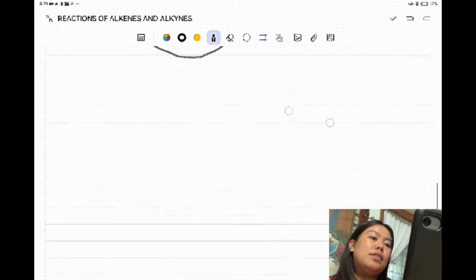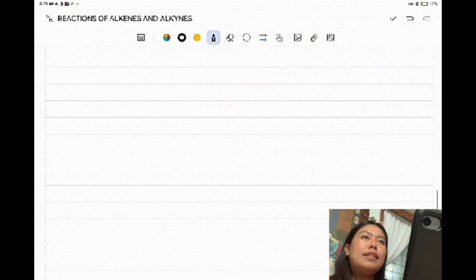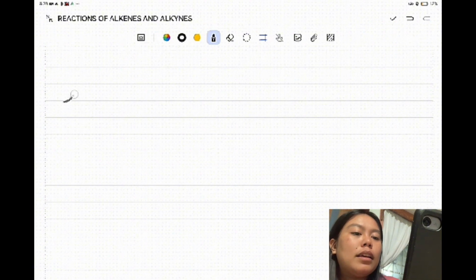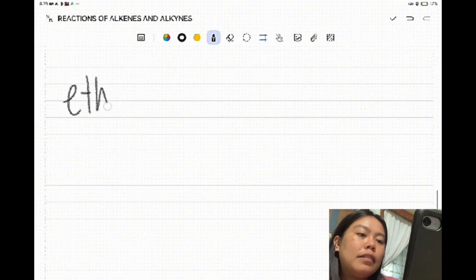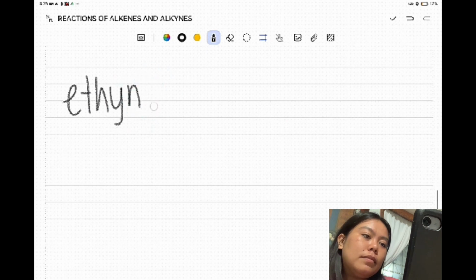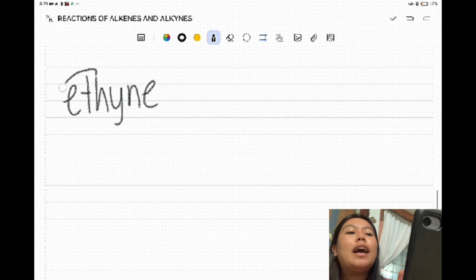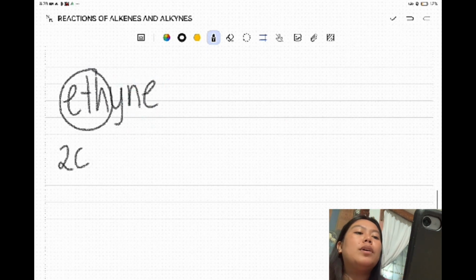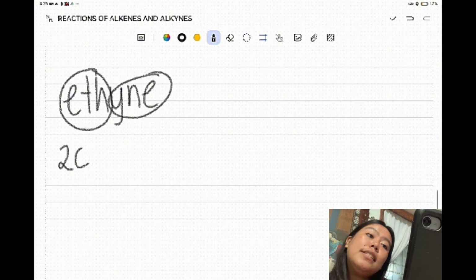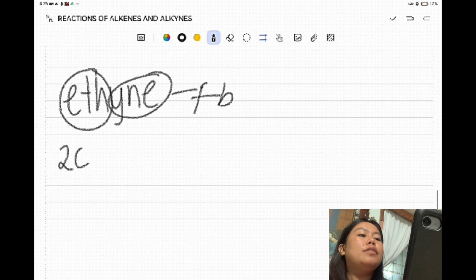Since it is a triple bond, let's use the easiest example, ethyne. In ethyne, we have 2 carbons with a triple bond.